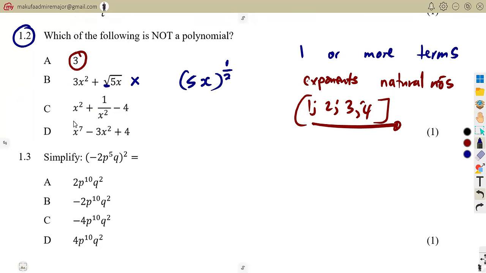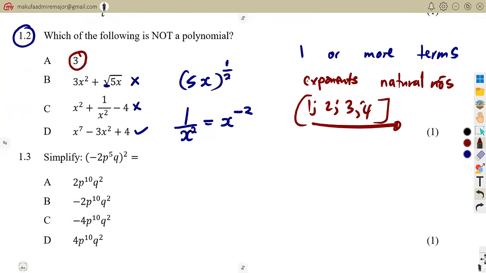The same thing is happening on C. This is 1 over x squared. Remember, from your laws of exponents, it is the same as x to the exponent of a negative. We do not have negative or natural numbers. So meaning to say this is not a polynomial. This is what we have with positive 7, that's positive 2, and this is a constant.